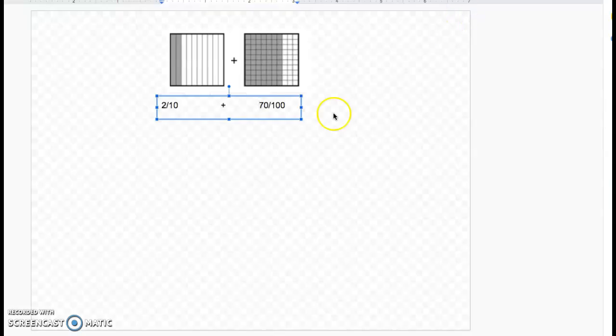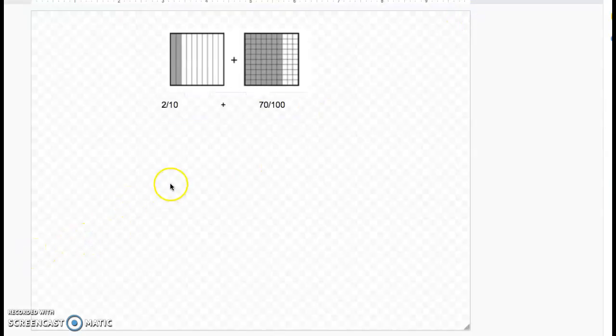Let's try one more. Okay, you can try to do this one before, if you would like, before I do it on pencil and paper. So we have 2/10. What do we need to change that into? An equivalent fraction with a denominator of 100.